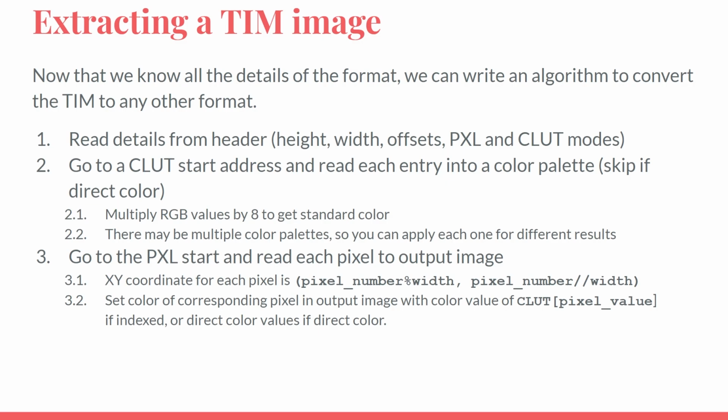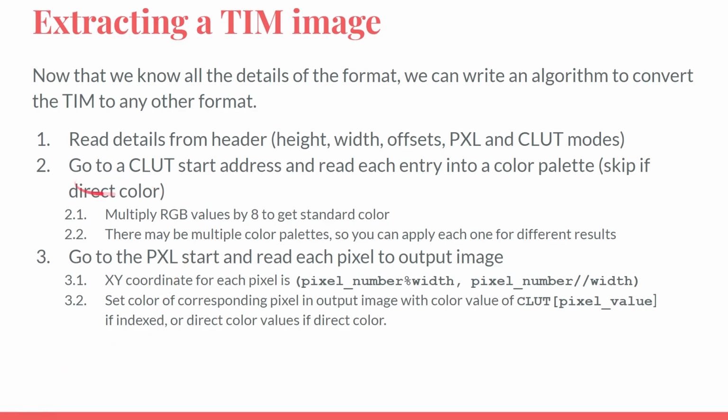We know that we have to do this little trick where we multiply the RGB values by 8 to get 8-bit colors. And we know that actually, this is something that we didn't quite talk about before, but an image can have multiple color palettes. So if we really want to extract every possible image from a TIM, we would actually apply each and every color palette to that image.